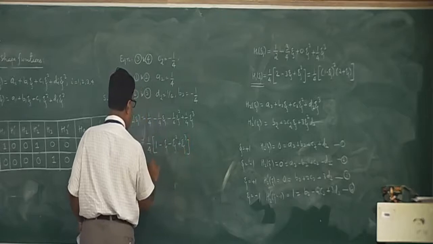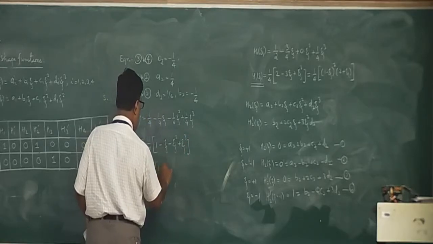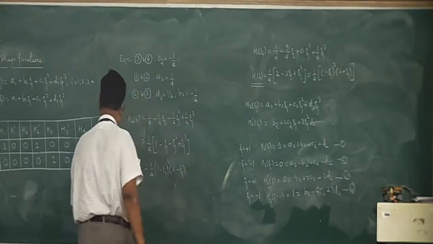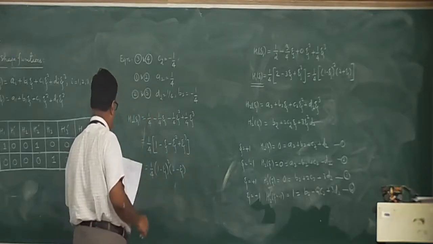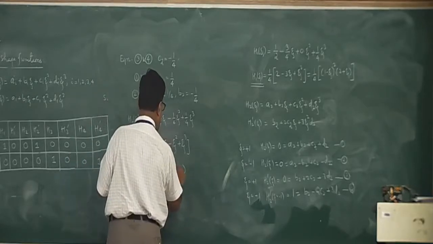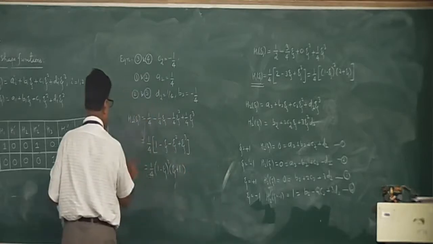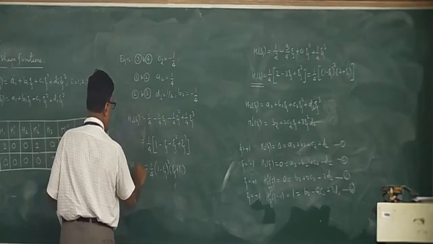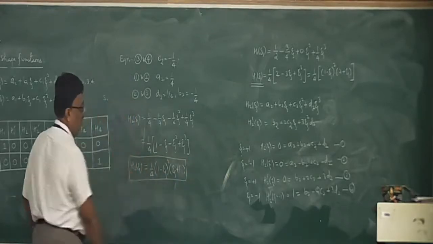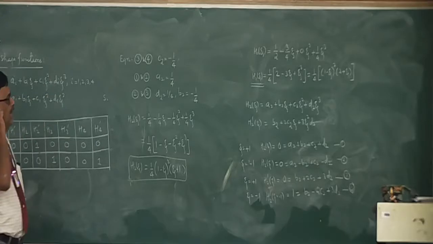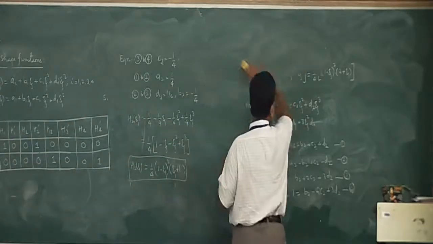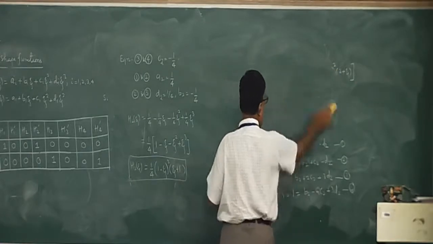So this can be written as 1 minus zeta whole square into 2 minus zeta, or as zeta plus 1. Here, please look at this. This is the second Hermitian shape function. So like that, I can write the 2 more. I will not derive everything now. I will directly write down what are the values of H3 and H4.